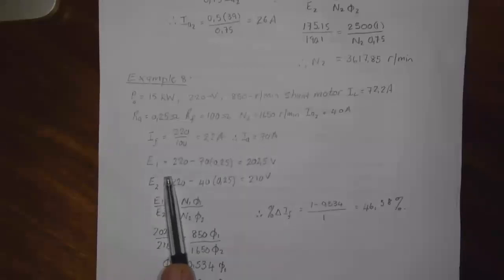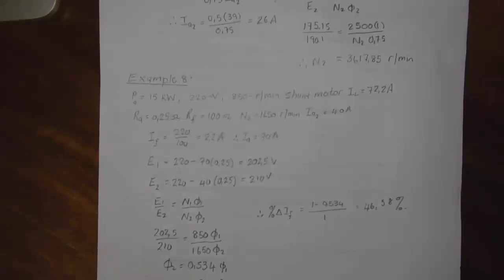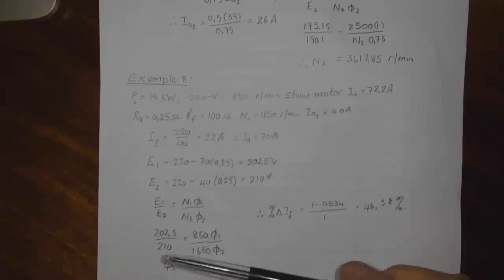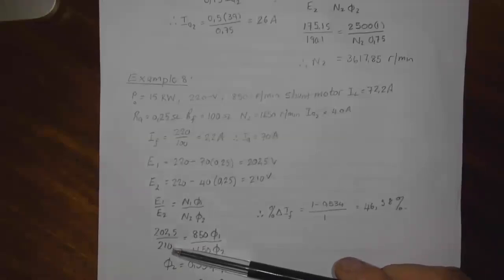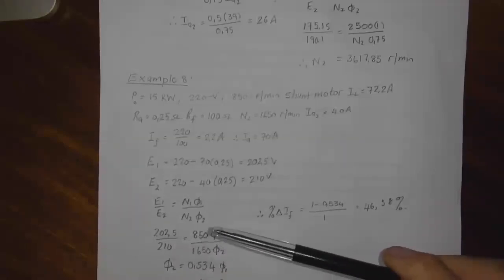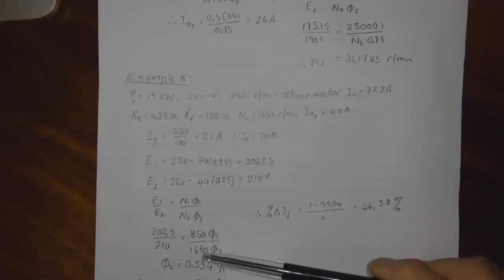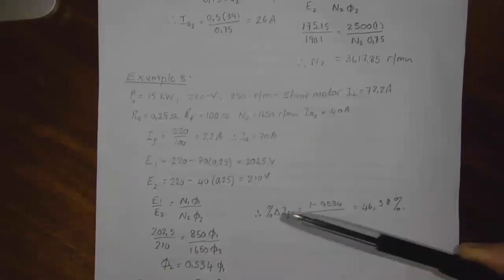And then E1 is 220 minus 70 times 0.25, which gives us 202.5 volts. E2 for 40 times 0.25, that's 210. And then E1 over E2 is N1 flux 1 over N2 flux 2, 202.5 divided by 210. N1 was 850, and flux 1 and 1650 flux 2.